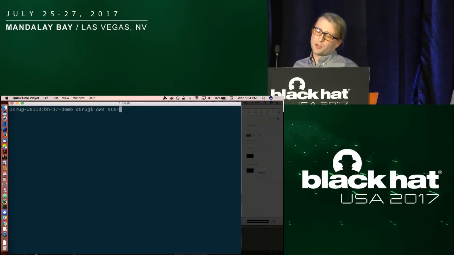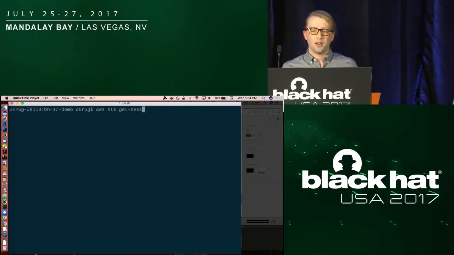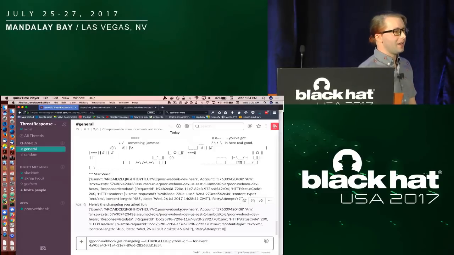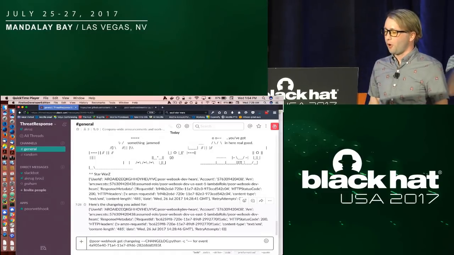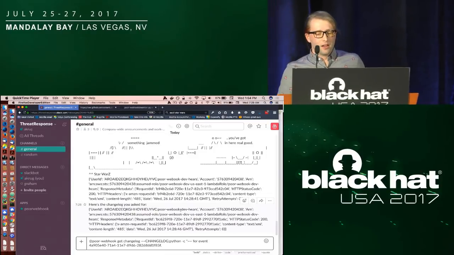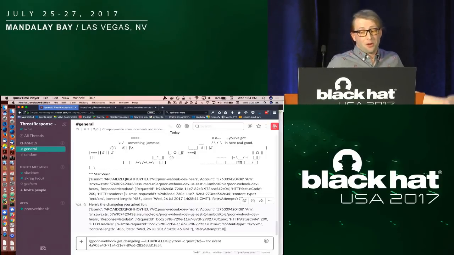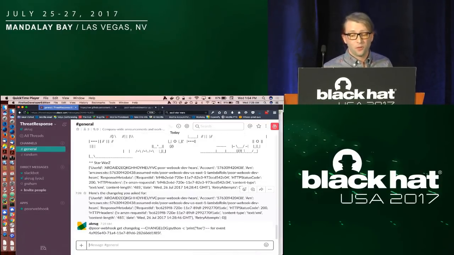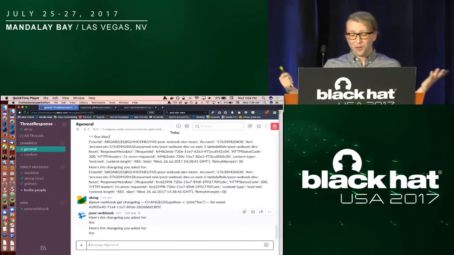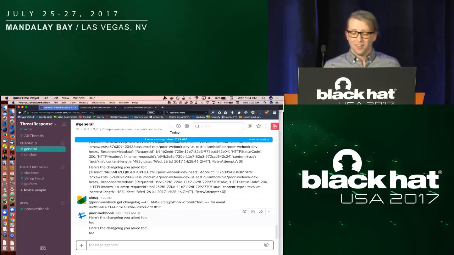And so the last thing I'm going to do before I go and try something else is run get session token to see if I can mint more tokens so I can keep working in Lambda for longer. And the answer is no. So now I'm going to try running another arbitrary Python command, because if I have one Python process, why not have two? And apparently I can. So that's also awesome and interesting.